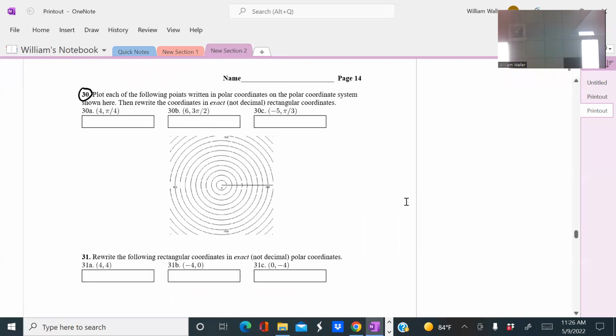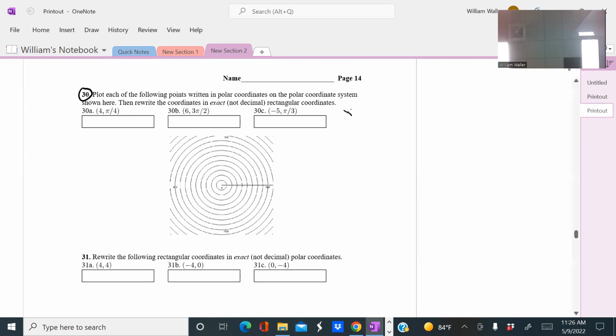Now let's try just one more thing here. So this looks finally now like polar coordinates, right? So plot these points that are written in polar coordinates, and then let's see if we can convert them to rectangular coordinates. So we just have to remember, well, how to plot points in polar coordinates, but then also the formula for converting from polar to rectangular.